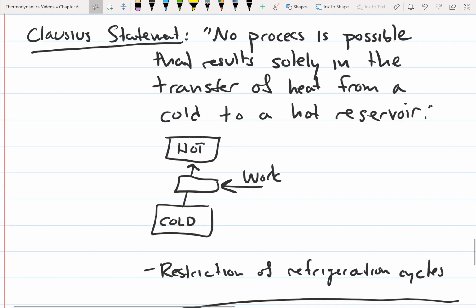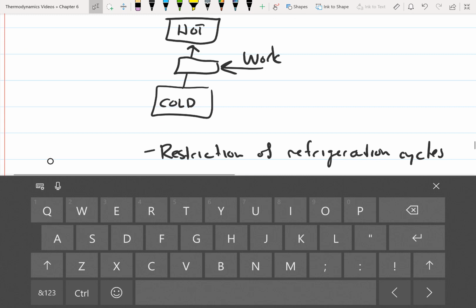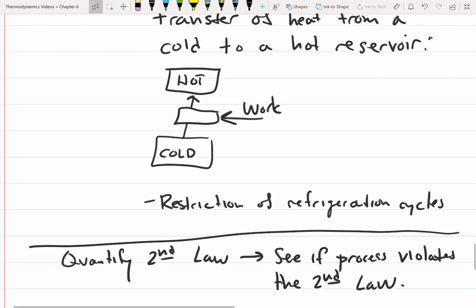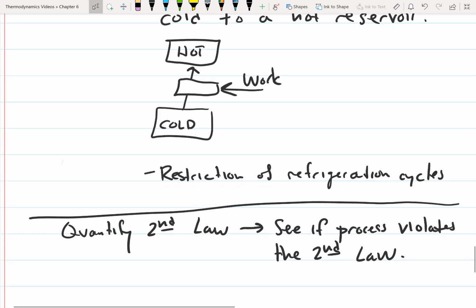And with the Clausius statement, if we're trying to run a refrigeration cycle without inputting some sort of work, that's going to violate the second law, even though the first law says that should be just fine.